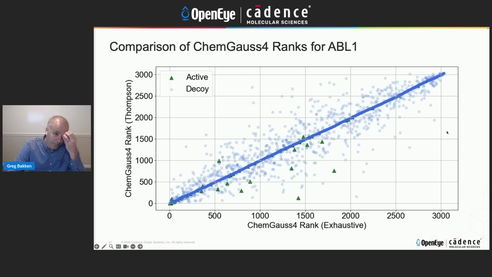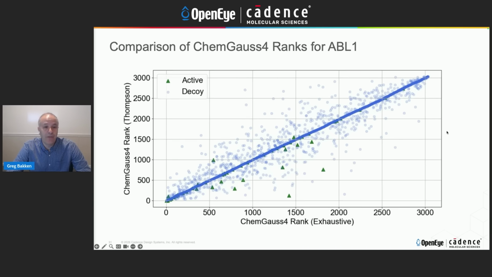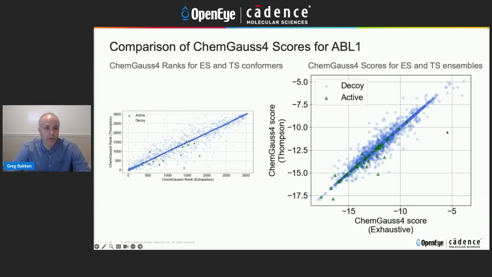And we can take this a step further and say, well, let's compare the actual ChemGauss4 scores. And that's what we have on the right here: the ChemGauss4 scores out of FRED for Thompson sampling on the y-axis, exhaustive sampling on the x-axis. And we can see again that for both decoys and actives, we're getting very consistent scoring. And we can see again that we get slightly more negative scores.